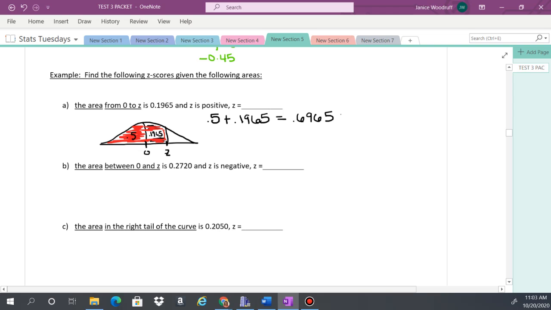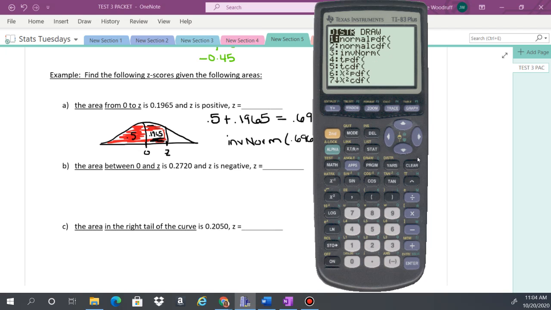Okay, that is the total area to the left of z. Then to find z, I'm going to go inverse norm. My total area to the left, 0.6965, 0, 1.